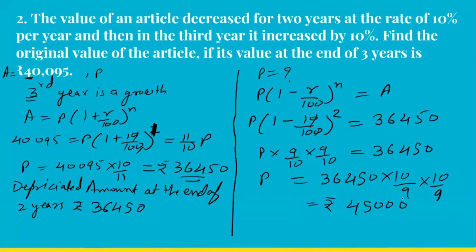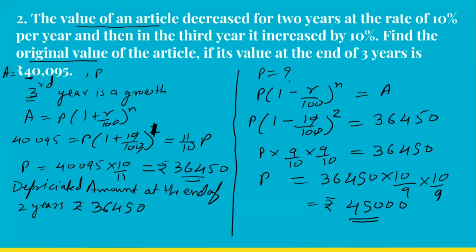You can simplify it, divide by 9, it is divisible. So 3 plus 6, 9 plus 4, 13 plus 5, 18. The sum of the digits is divisible by 9. Of course, go on dividing and you are going to get this. So this is the original value. Rupees 45,000 is the original value of the article.